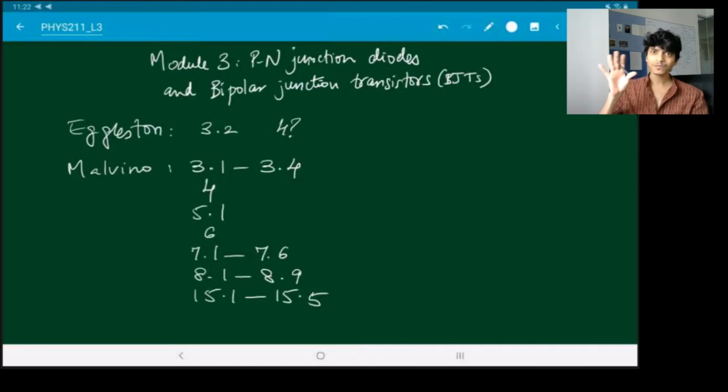So out of all of this material, we don't really need so much. I would recommend you look at the topics that I'm doing in class and then go back to Malvino, look at those in detail, read around those and some extra bits here and there. But basically these sections over here are what are relevant for us. You don't need to stray too far beyond them.